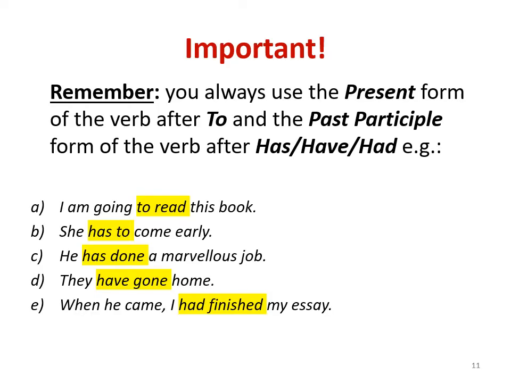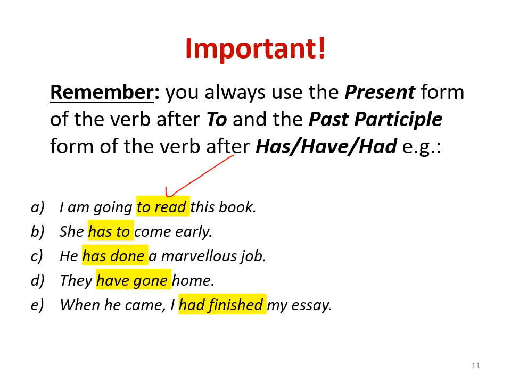Next, it's very important. You always use present form of the verb after to, and the past participle form of the verb after has, have, and had. For example, I am going to read. You could see that to and read, first form or the simple present tense. She has to come.